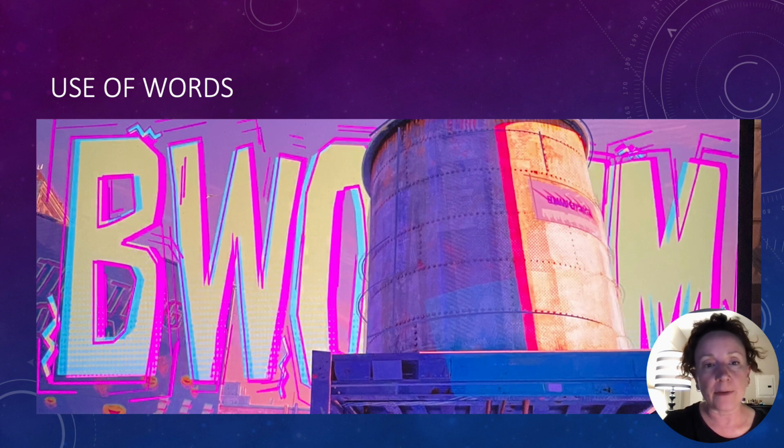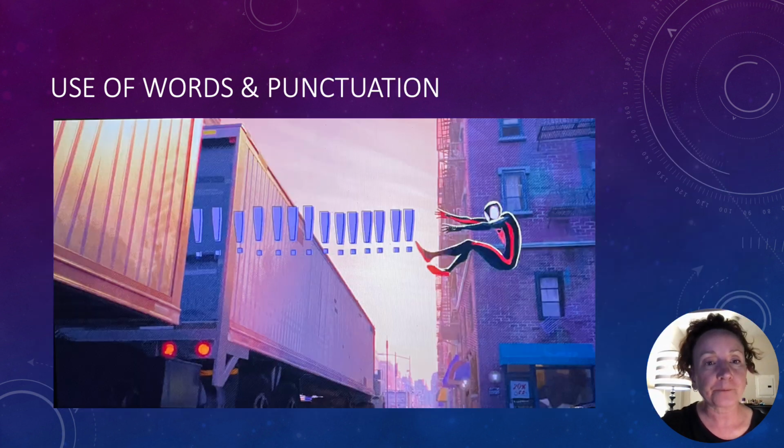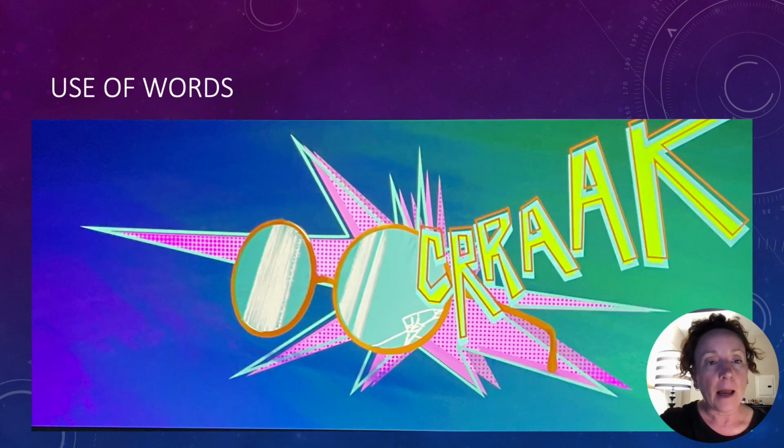Here again we've got the words in the background, and the way they're written harkens back to street art and tagging, so it almost looks like tagging a little bit. So now we're going back to that style as well. Here we're also seeing exclamation points as he's flying backwards. Those exclamation points reinforce this idea of quick movement and of something exciting and dynamic.